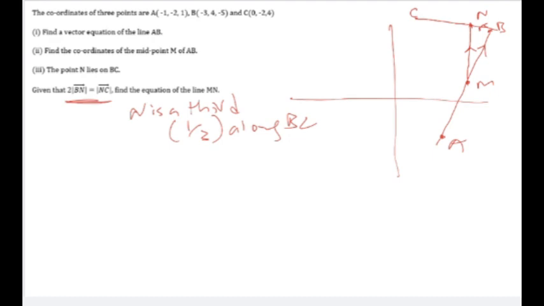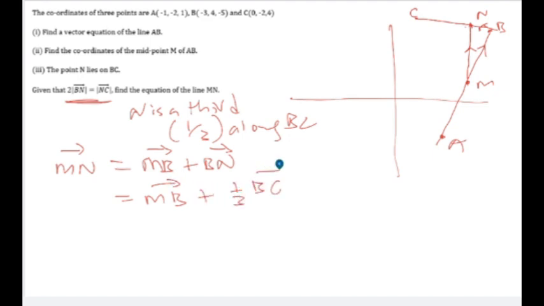So clearly we can see that MN is going to be equal to MB plus BN. But we know that BN is a third of BC. So this now becomes MB plus a third of BC, right?